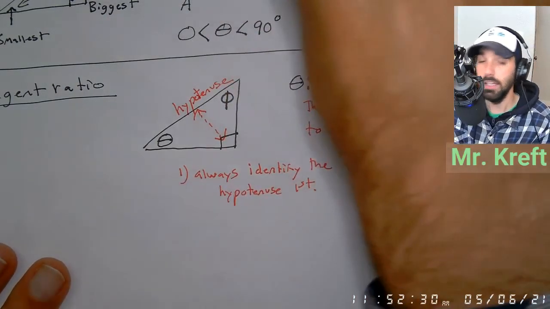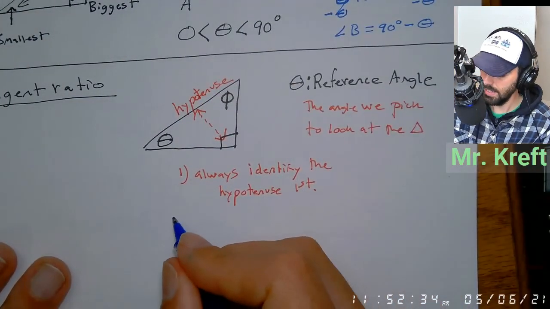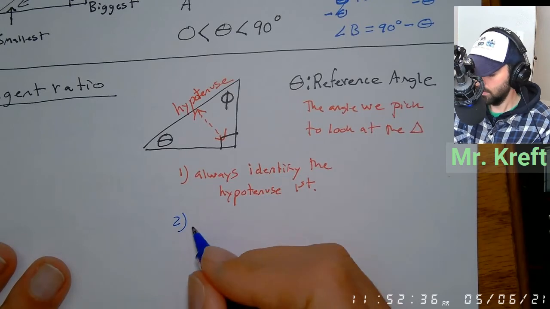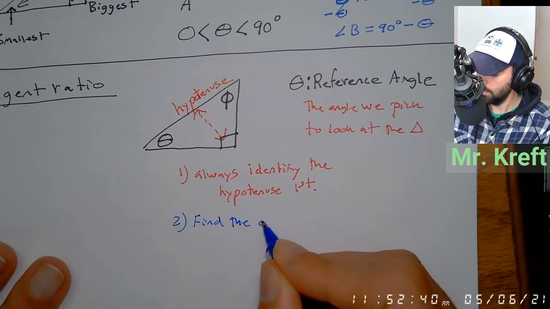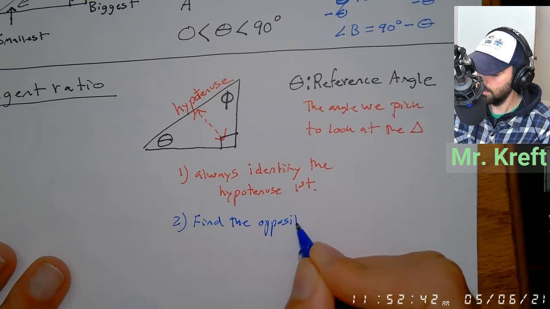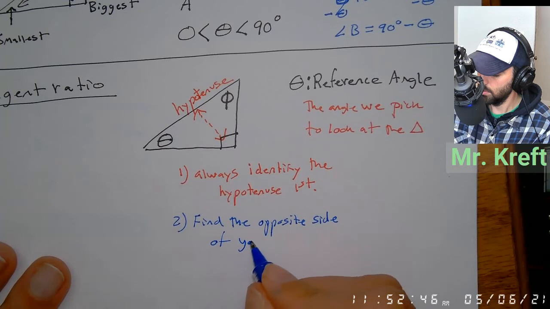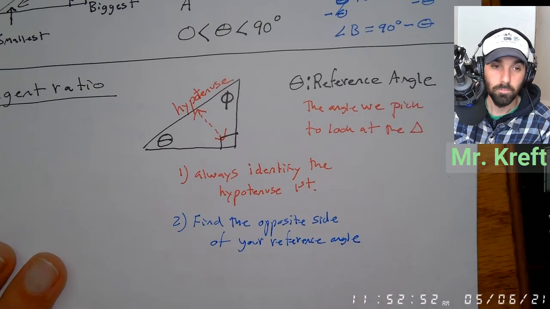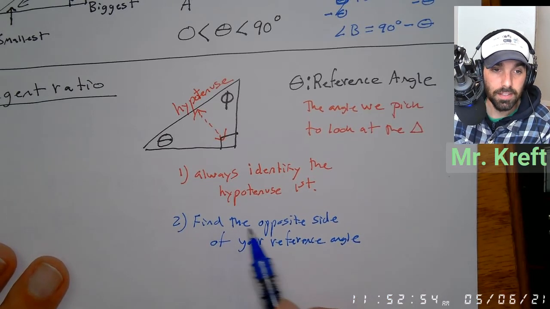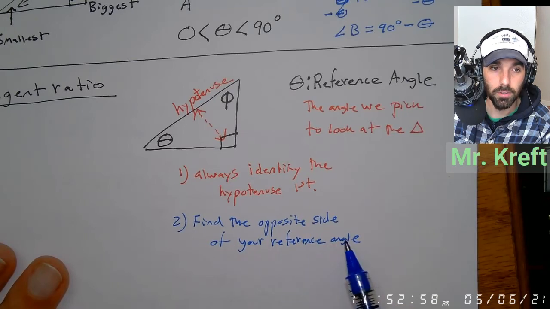Okay, always identify your hypotenuse first. Then find the opposite side of your reference angle.